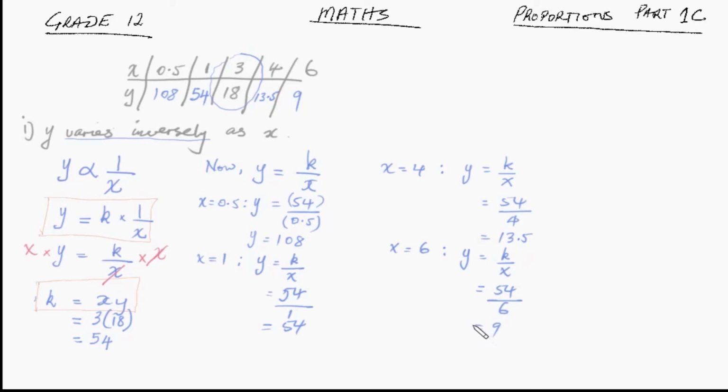Let's continue, because we still have to continue with this question. We were on part 1, so we will move on now to the next part. In the next part of this question, we still have the same table.